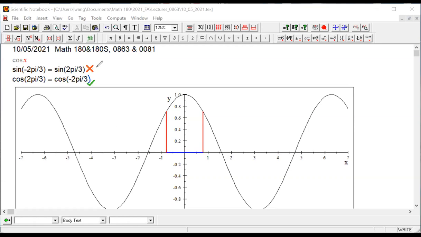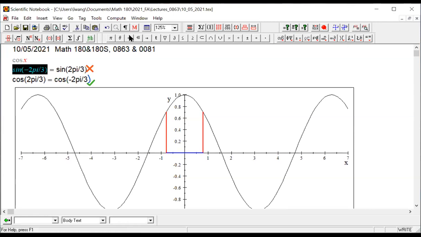So how do we correct the first one? I'm going to change this to the better looking algebraic form. So this is going to be sine of -2 pi over 3.